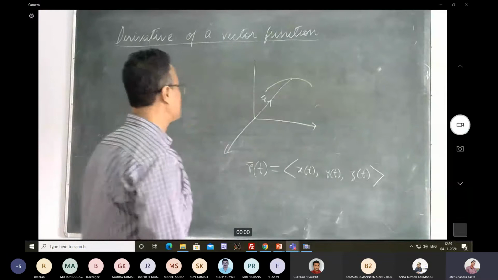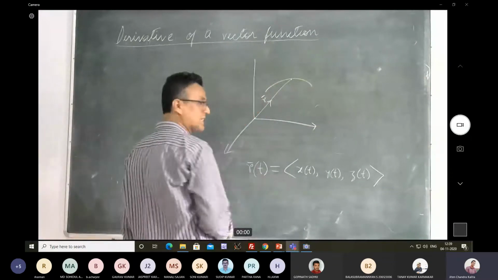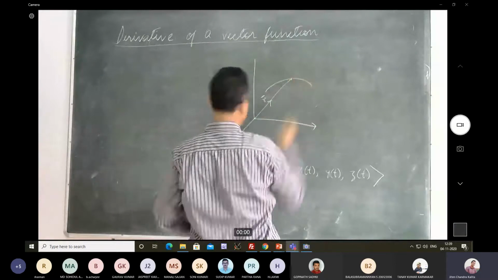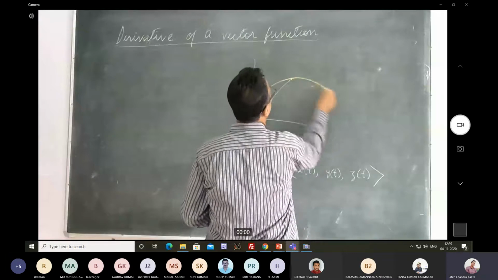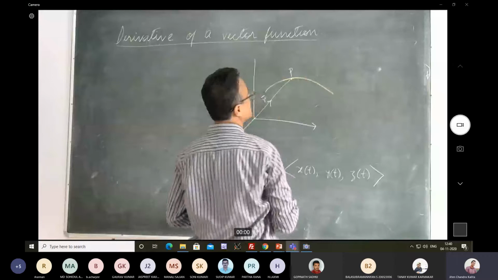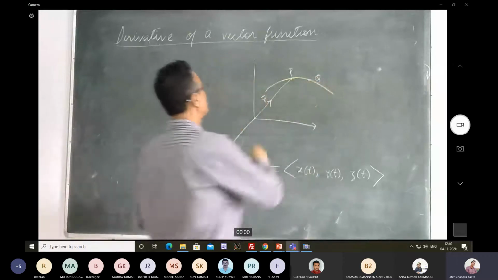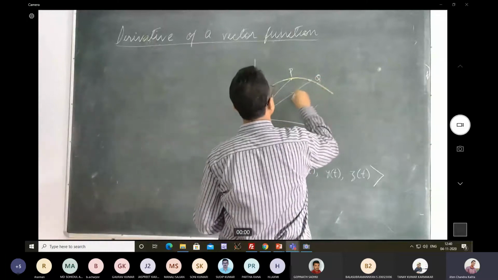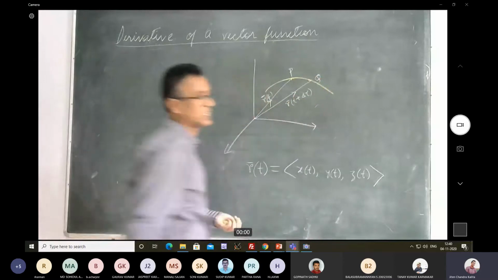Suppose at time t plus delta t, this moves from the position P to Q, right? So this is r(t), and this is r(t plus delta t).